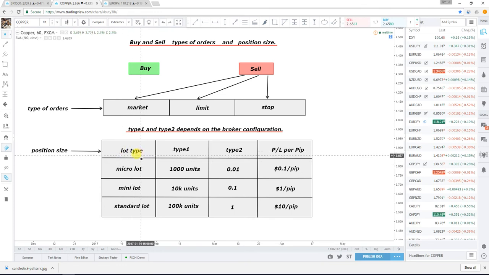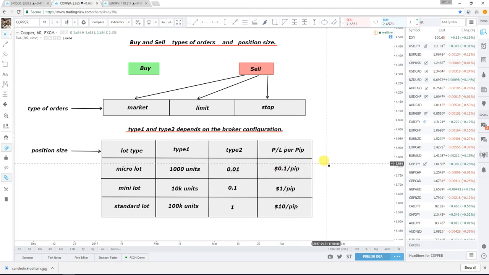So the lot types are micro, mini, and standard. If you open a micro lot, you open 1000 units in this broker, or you open 0.01 in other brokers, like in MT4, MetaTrader 4, you use this configuration instead of this. Well, if I open a micro lot, how much profit or loss per pip? $0.1.